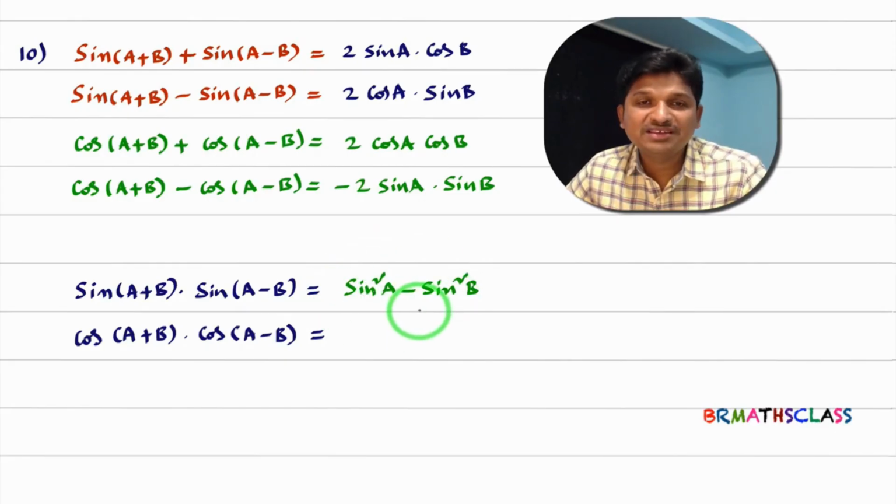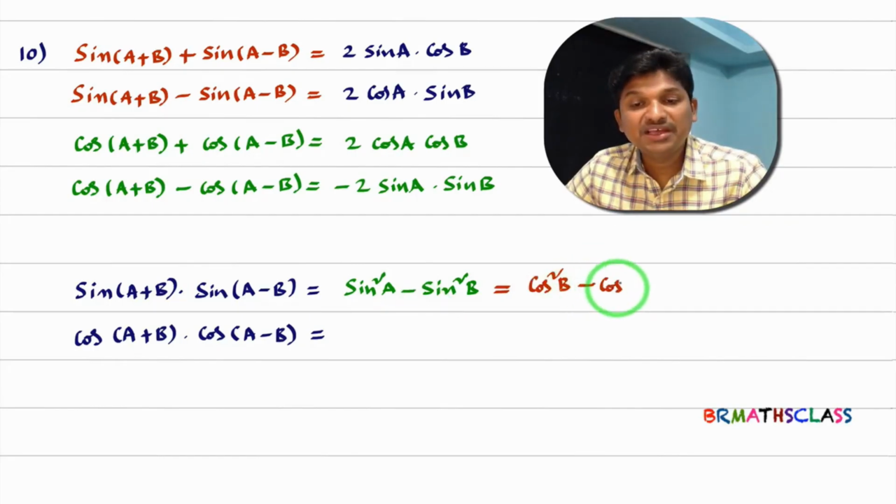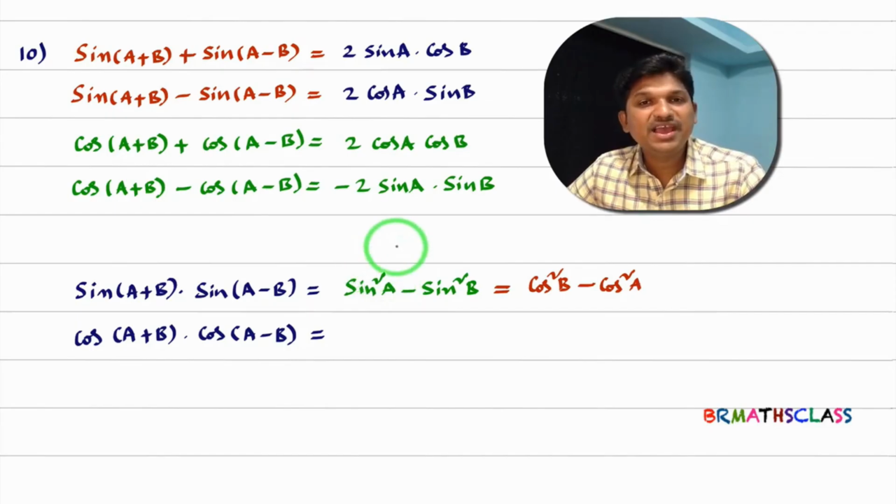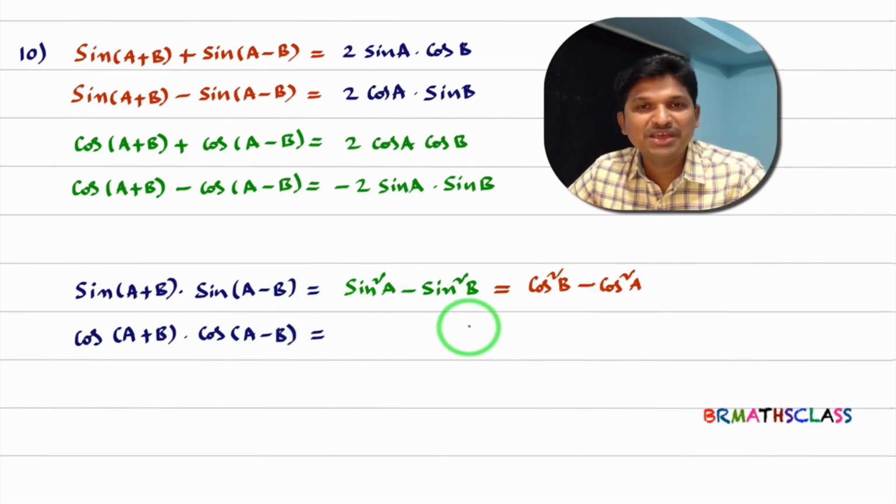If you want to write this in terms of cos, you can write that also: cos square B minus cos square A. Just simply, sin square A you write as 1 minus cos square A, sin square B you write as 1 minus cos square B. You will get this. Sin A plus B into sin A minus B formula is sin square A minus sin square B, or you can write it as cos square B minus cos square A also.